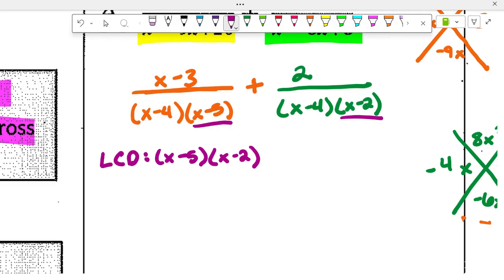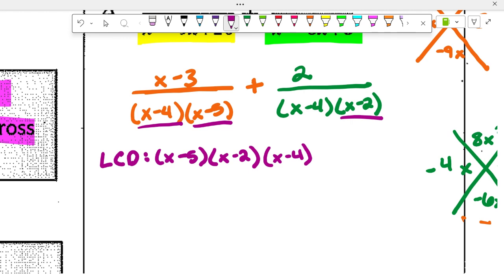But notice how x minus 4 repeats. We only need to write x minus 4 once. Why? Because that is part of our LCD. We can't just throw it out. But also, when we have to multiply stuff back to it, we don't have to worry about it. It's already there.